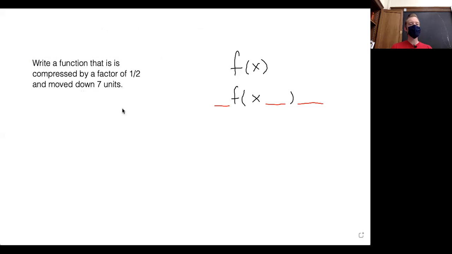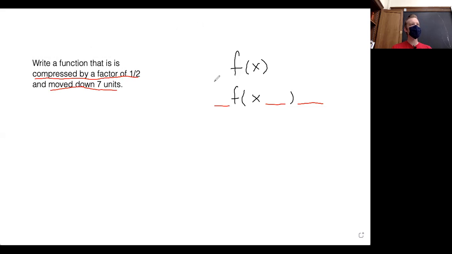So very similar instructions to before, but now we see that we have 2 different numbers that we need to take care of. We see that we've got compressed by a factor of 1/2, and we also have moved down 7 units. So we've got 2 places that numbers are going to be going here rather than just 1 place.